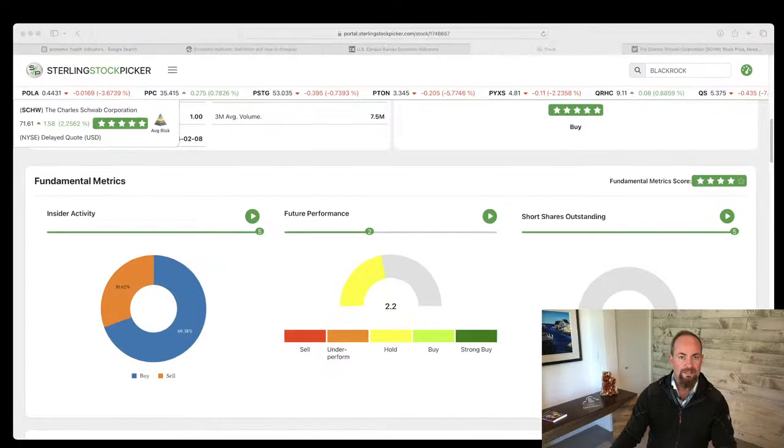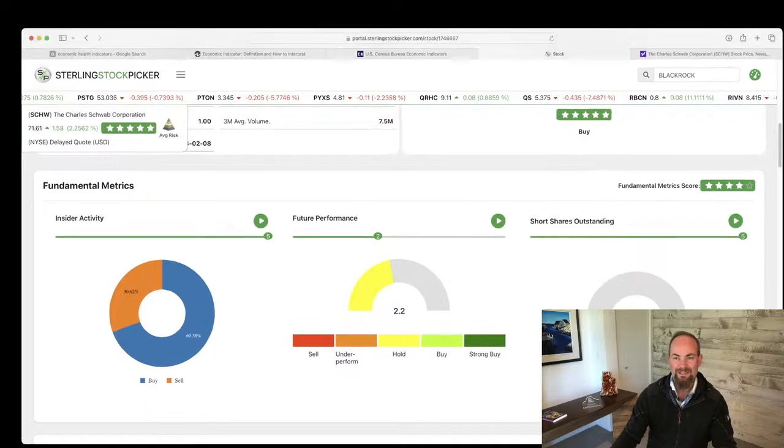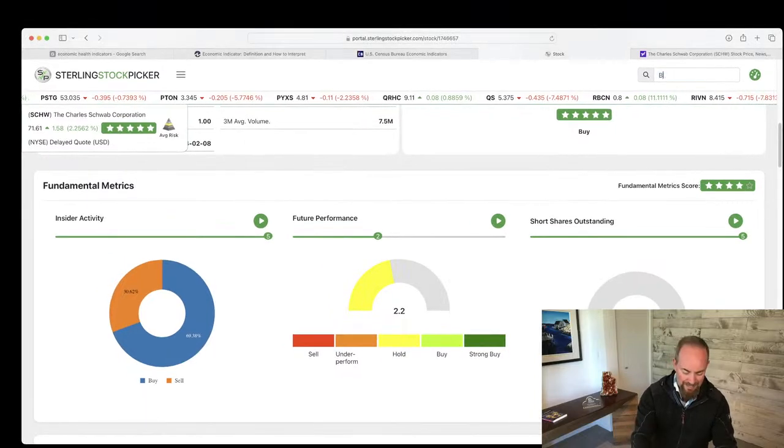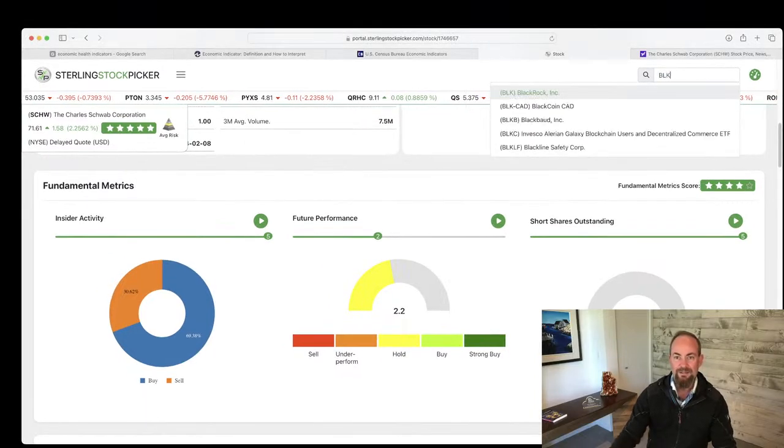Let me just look up. I have such a mental block to BlackRock. Okay, I can't even remember the ticker symbol. BBLK is their ticker symbol.